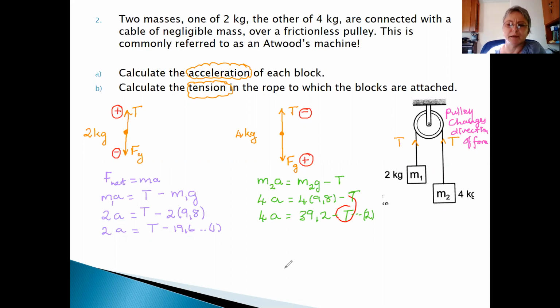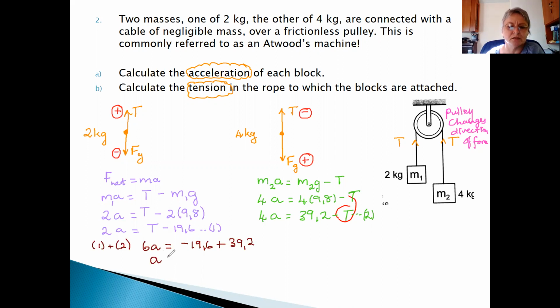Righto, so if we add the two equations, then we should get the tension sorted out. So equation 1 plus equation 2 will give me 6a. The tension is cancelled. Minus 19.6 plus 39.2.